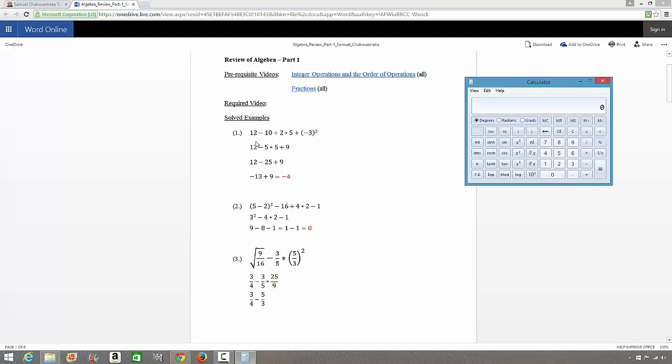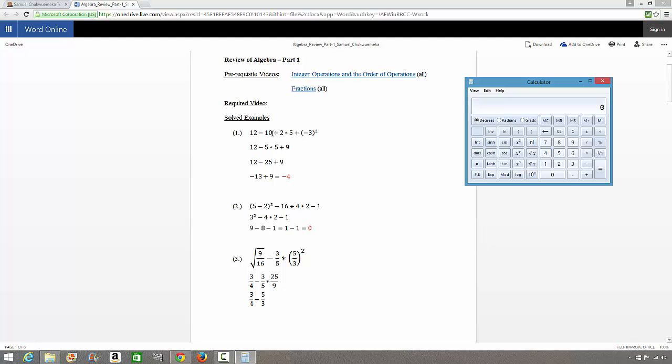So you remember the order of operations, PEMDAS: parentheses, exponents, multiplication and division from left to right, addition and subtraction from left to right. If we look at this, we have a subtraction, division, multiplication, an addition, and then an exponent here.